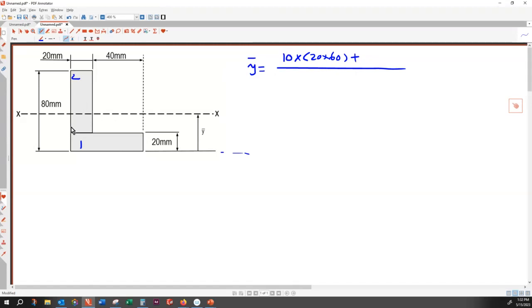And for the second shape, the center is 20 plus 30, which is 50, multiplied by its area, divided by 2 times 20 times 60. So 10 plus 50 divided by 2. That is 30.